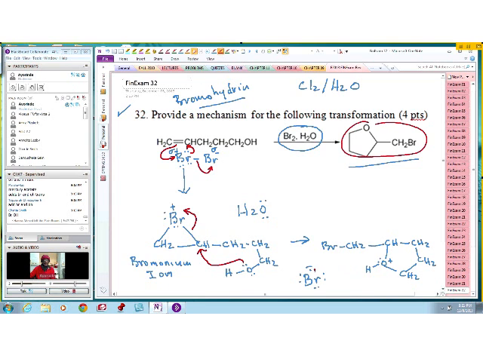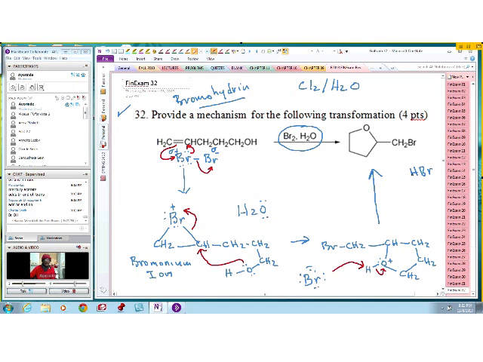Instead of acting as a nucleophile, it will now act as a base to grab this proton here, thereby releasing this bonding electron to oxygen, and that is how we form the product. And that is how we go to right here. And in the process, of course, you form HBr.